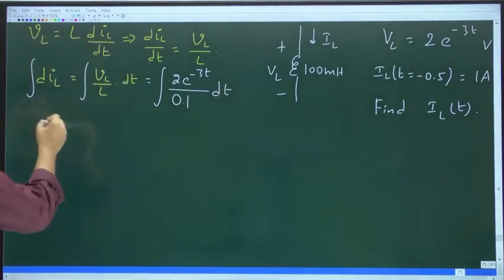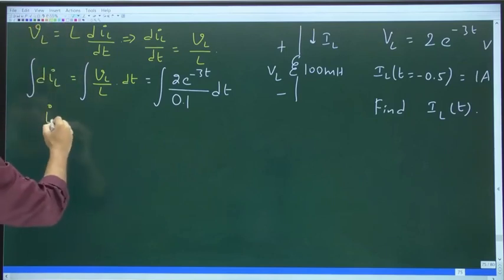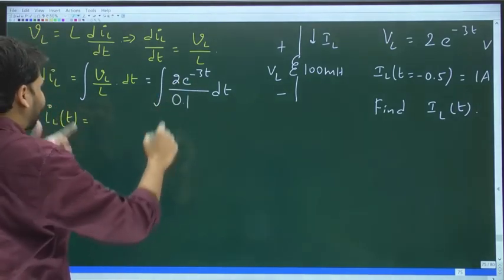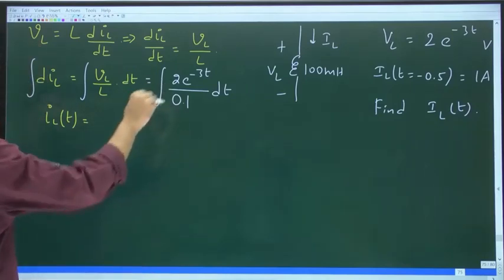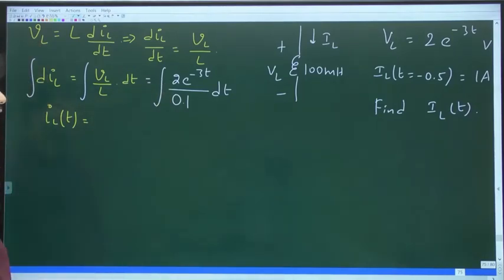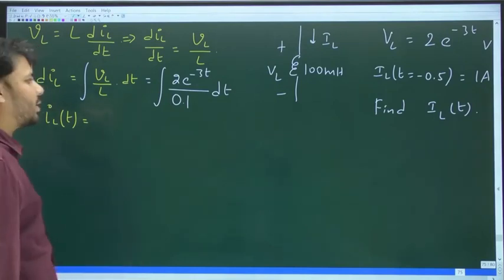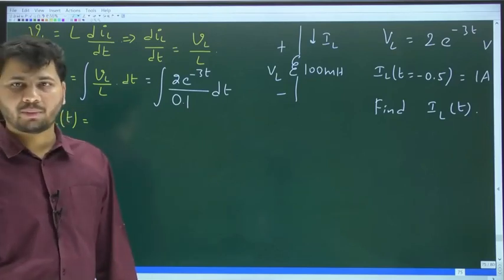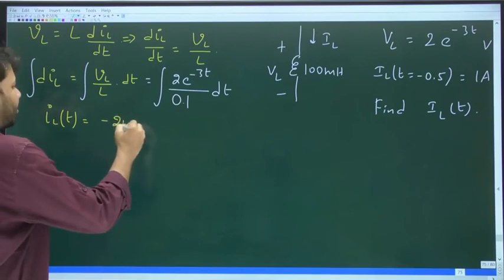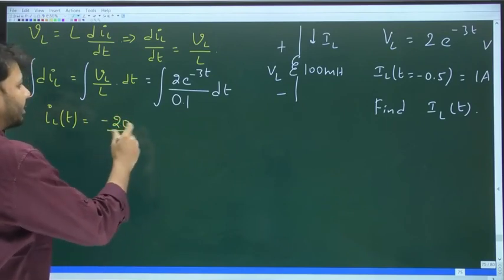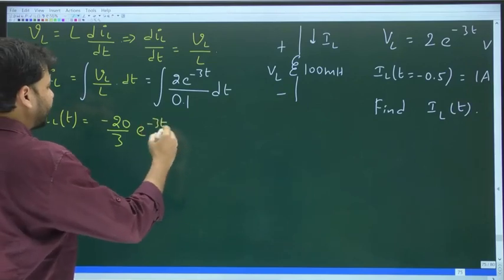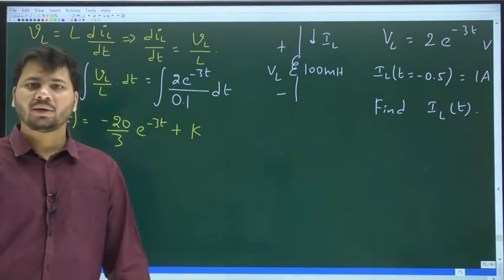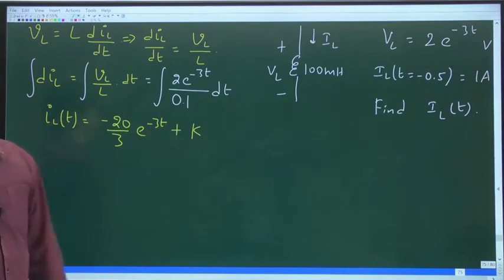Now the integration of dIL is simply IL of t. The integration of 2 e power minus 3t by 0.1 with respect to time: first, 2 by 0.1 is 20, which you can take out of the integration. Then the integration of e power minus 3t is minus 1 by 3 into e power minus 3t. So it is minus 20 by 3 e power minus 3t, because we are doing indefinite integration. On the right hand side, let us add a constant of integration, denoted by k.